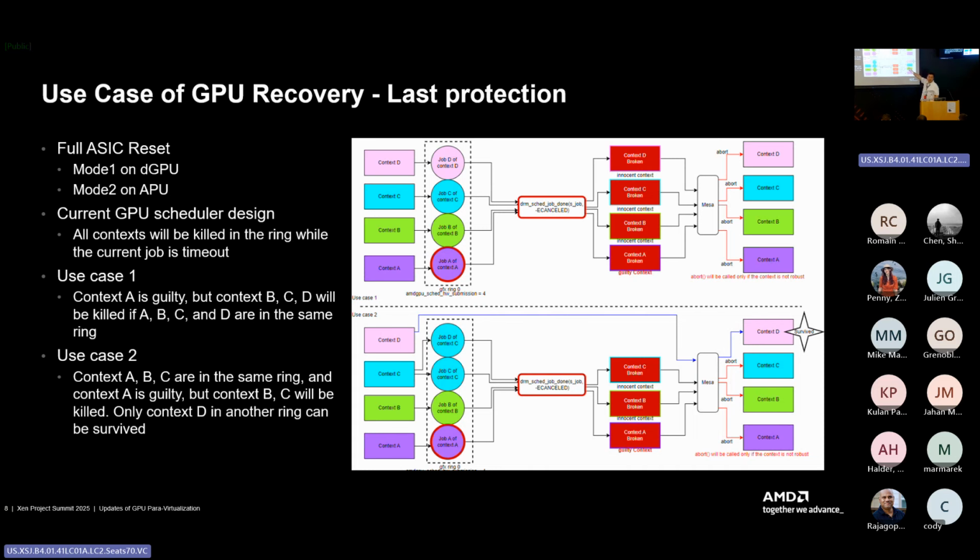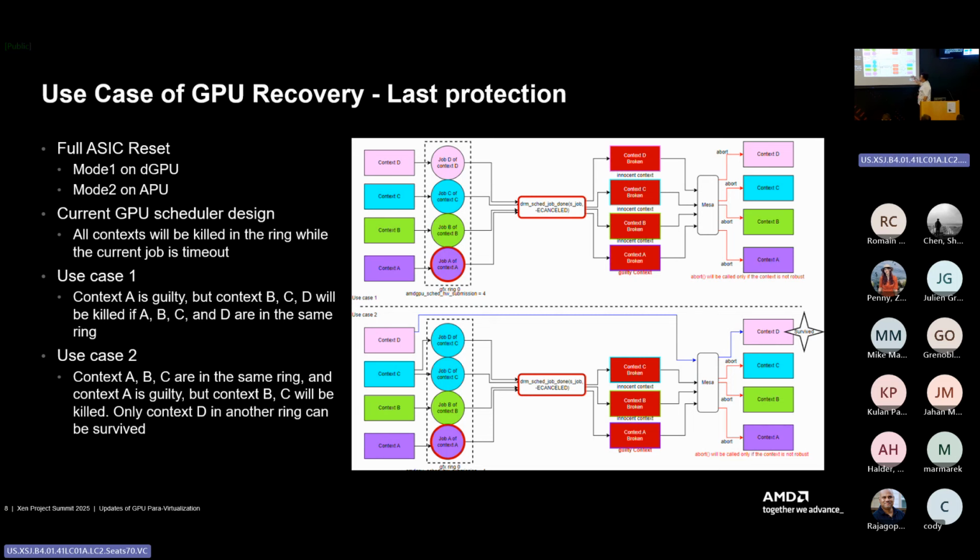So that will trigger the problem. Once the GPU kernel side can resolve it, the graphics desktop will finally be crashed. So in this case, the graphics desktop cannot be recovered successfully. You can see contexts A, B, C, D will all be crashed, but actually contexts B, C, D are good, yet they will be killed at the same time. So this is one of the problems.